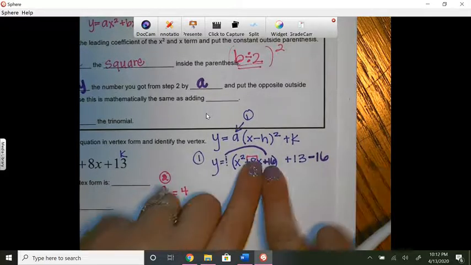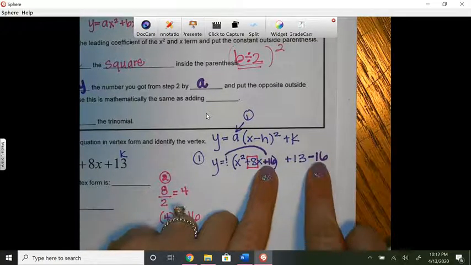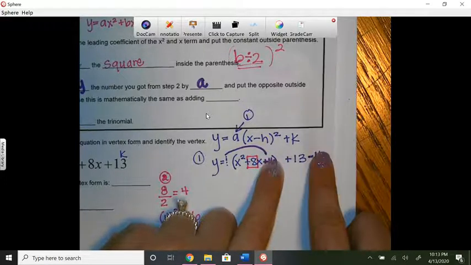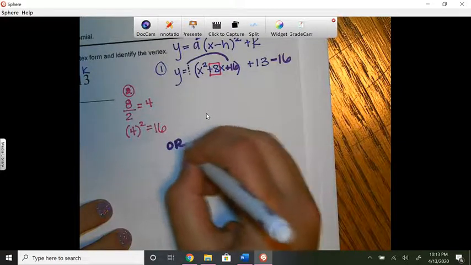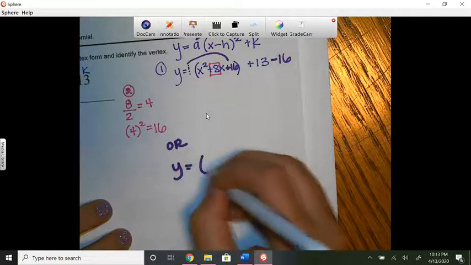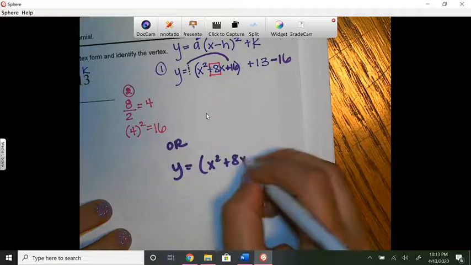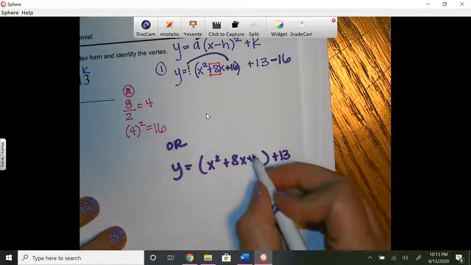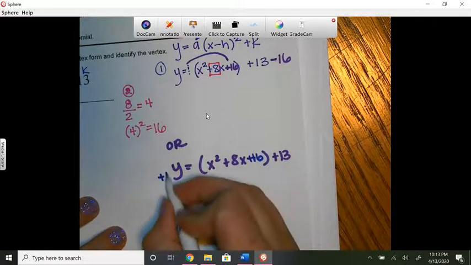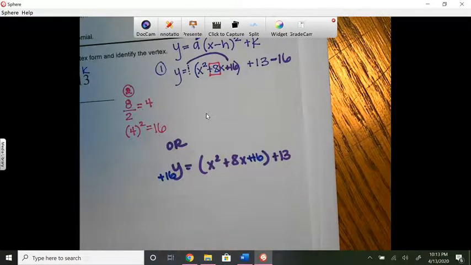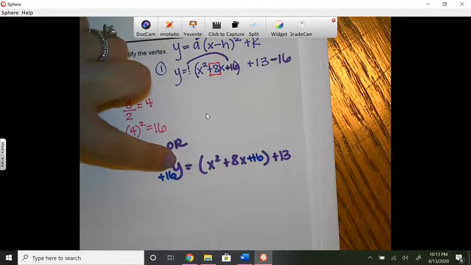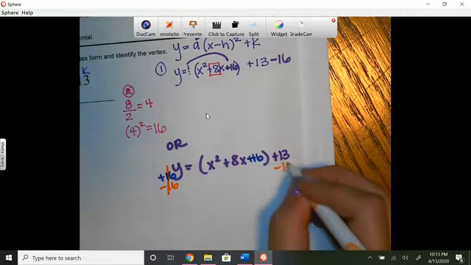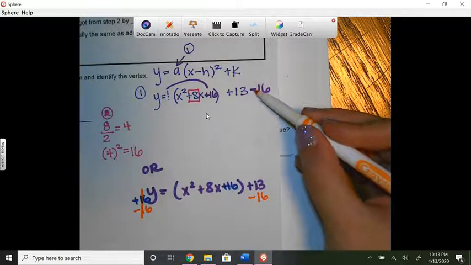So if I add 16 to this side, and I put negative 16 here, these cancel and make 0. That's one way to do it. Or the other way is, if I put 16 on one side, I have to put 16 on the other side. Then to get the y by itself, you're going to end up getting rid of this. That is why you could just put minus 16 here.